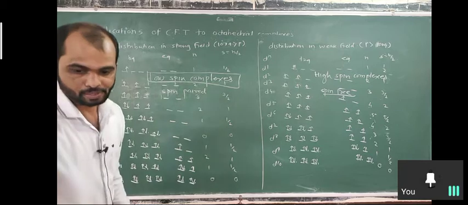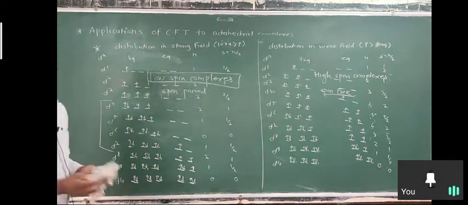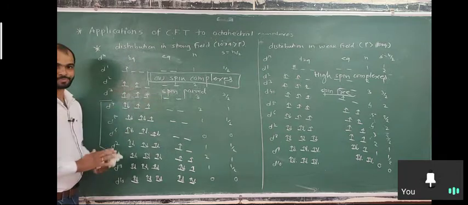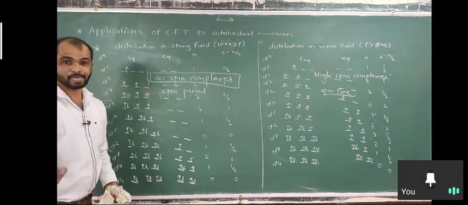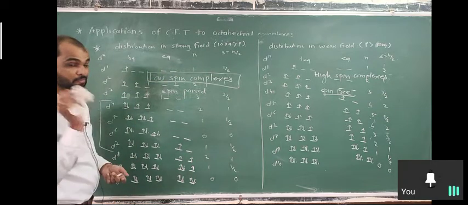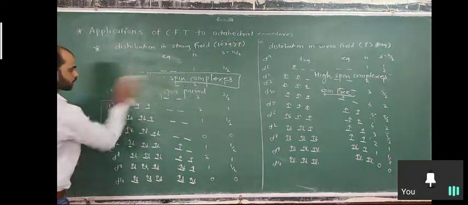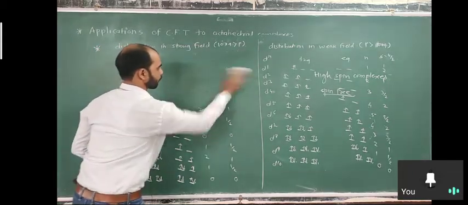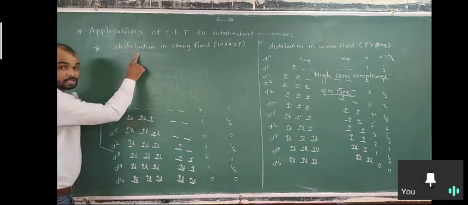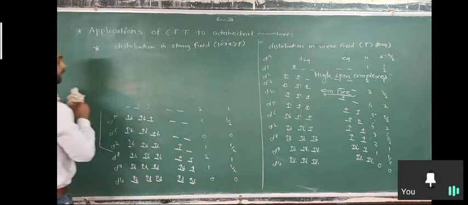So for you, this is the homework. Here I am distributing electrons this way. You draw the splitting of these 20 systems. Means how you do the splitting, I just show you a simple example. You do the splitting for each and every one, for strong field splitting and weak field splitting, this way.